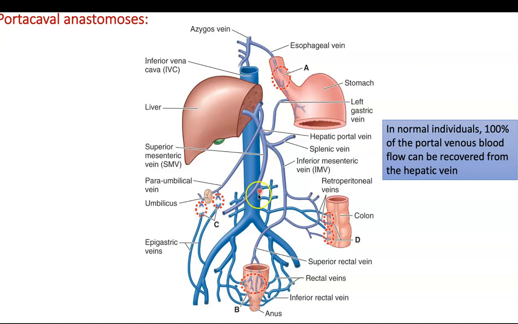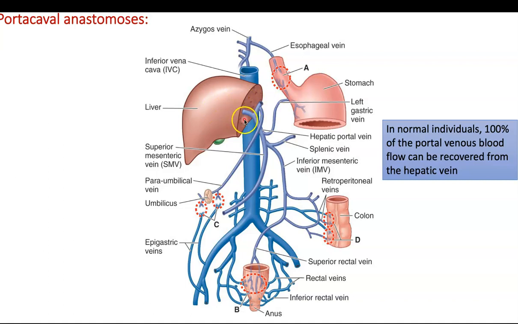Okay, but as I mentioned, normally 100% of the portal blood travels through the liver and through the hepatic vein, which means not much blood is flowing through these anastomotic channels, right? But under certain circumstances, a classic example is cirrhosis of the liver.